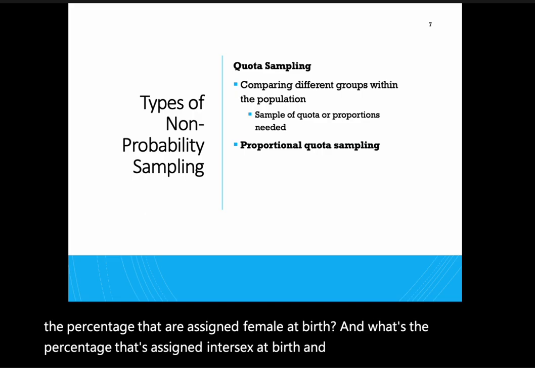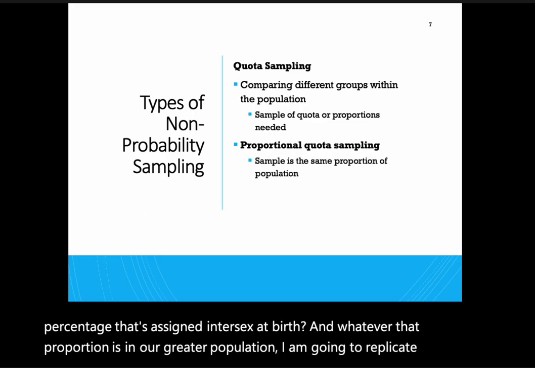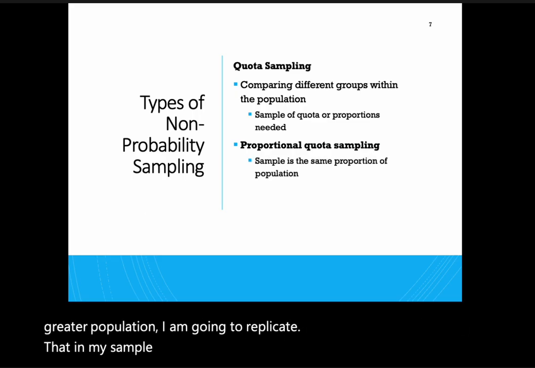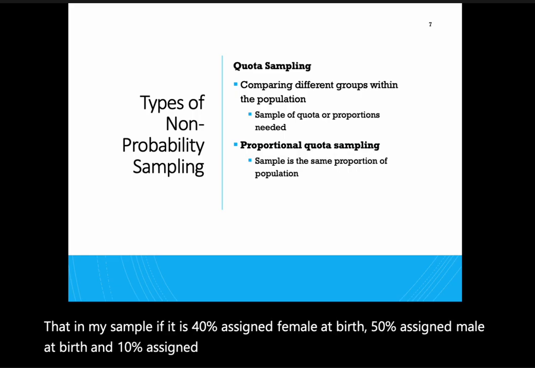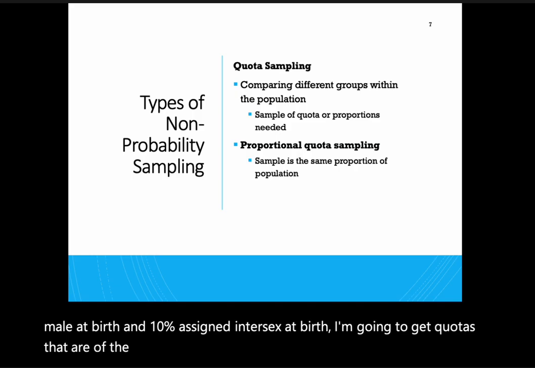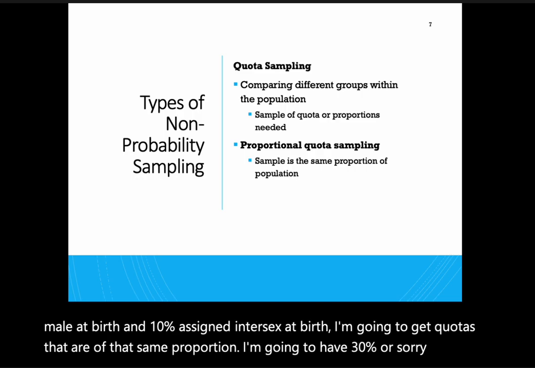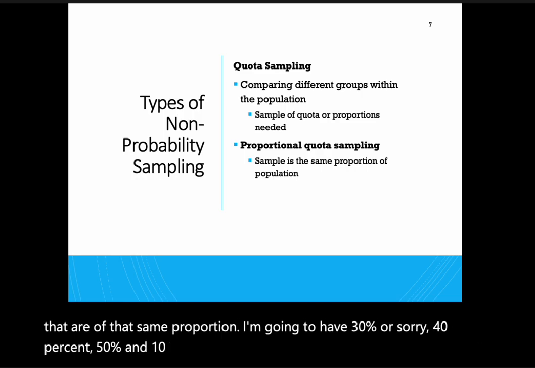And whatever that proportion is in our greater population, I am going to replicate that in my sample. If it is 40% assigned female at birth, 50% assigned male at birth, and 10% assigned intersex at birth, I'm going to get quotas of that same proportion. I'm going to have 40%, 50%, and 10% respectively, because I want it to be an exact proportion of what's in the population.